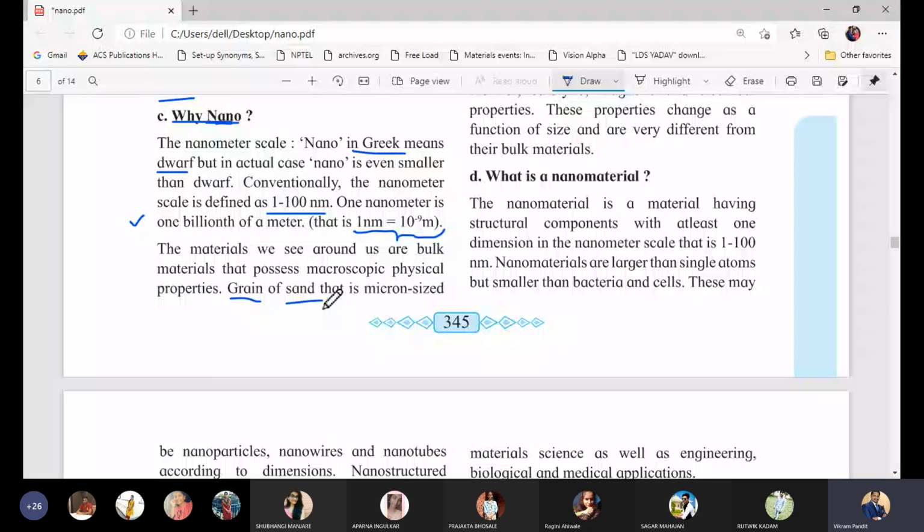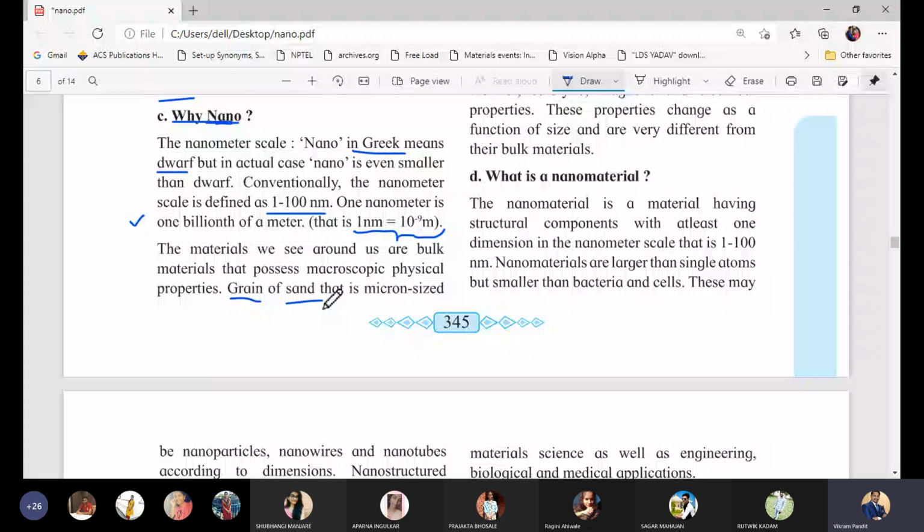But when we convert them into the nanoscale, in the range of 1 to 100 nanometer, they possess unique properties like optical, structural, thermal, catalytic, magnetic, as well as electrical properties. All these properties are the need of recent technology and have many applications.